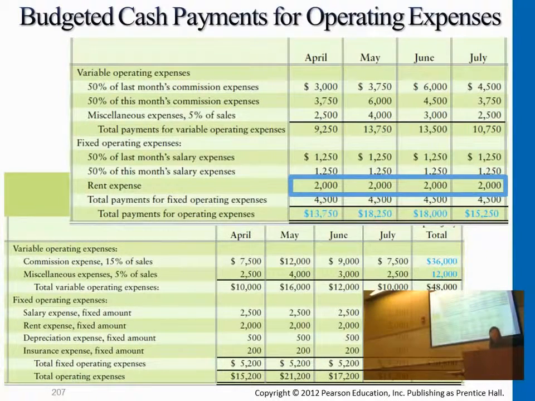And then, are you aware that some of the categories are not copied over to cash outflow? Which ones? Depreciation is not copied. Insurance expense is not copied to cash outflow. Why?